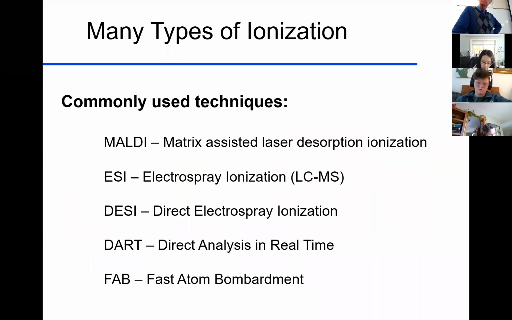Now that's electron impact. That was kind of the first source that came along to blow molecules up. And since then, we've added many new techniques. MALDI, matrix-assisted laser desorption ionization.